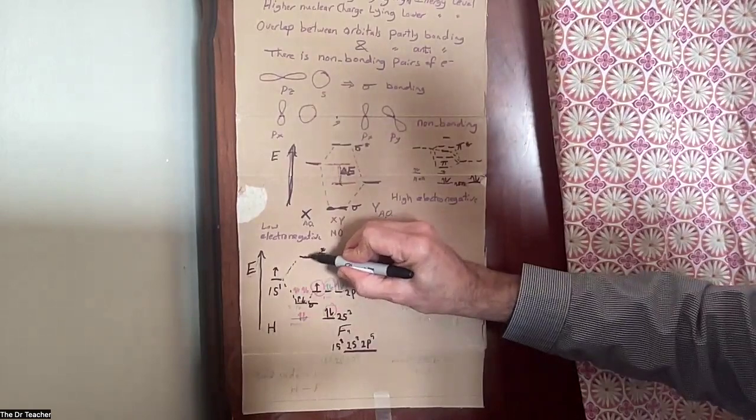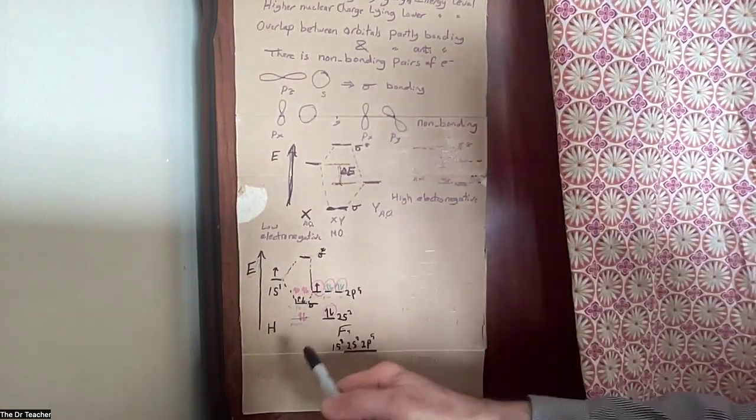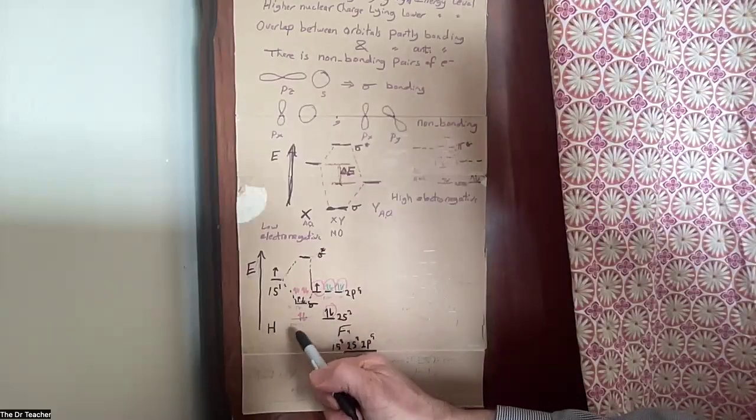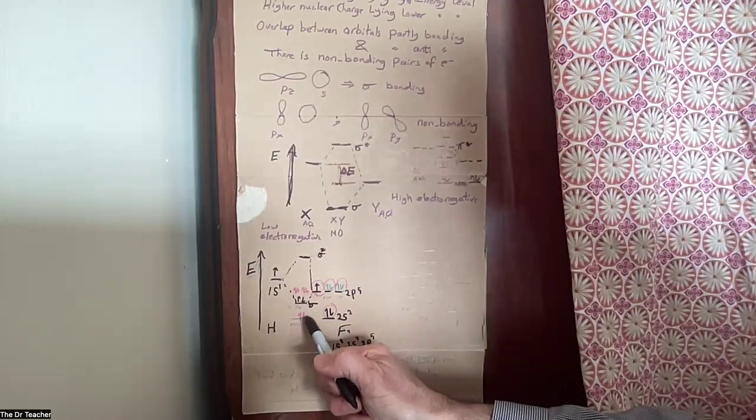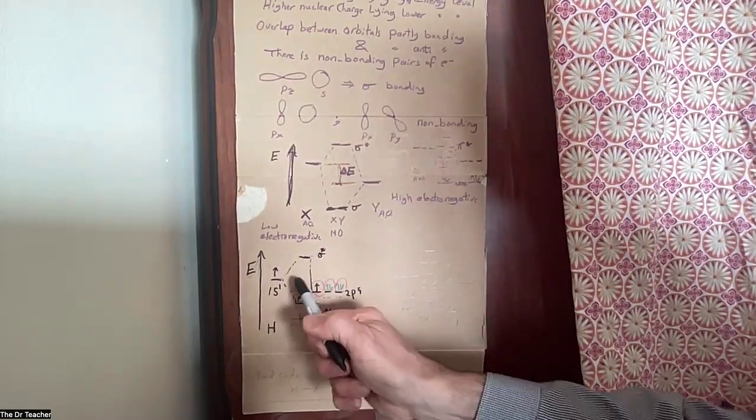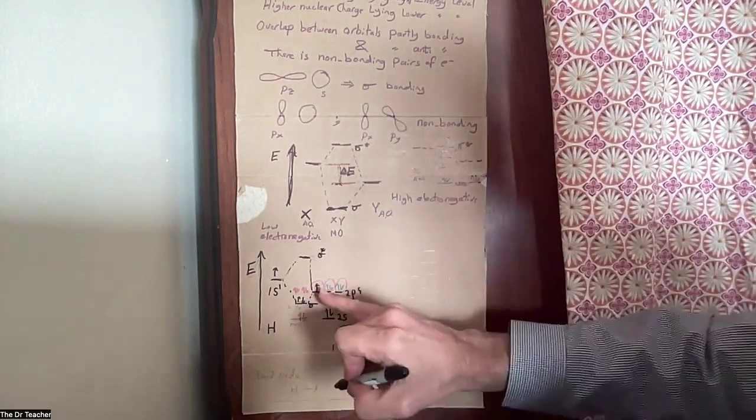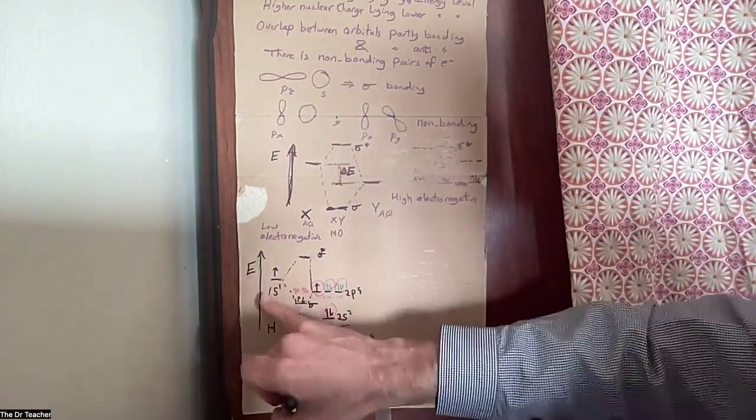If they get excited, they can go to the higher energy level, to the sigma star. Now, what I have left off, 1 pair, 2 pairs, 3 pairs. 3 pairs belong to the fluorine. They didn't get involved in the interaction, whereas only 1 electron from the fluorine interacted with the 1 electron from 1s of the hydrogen, and they form a single bond.